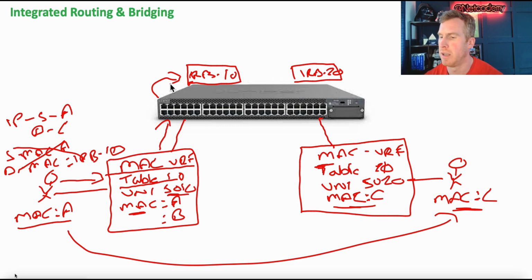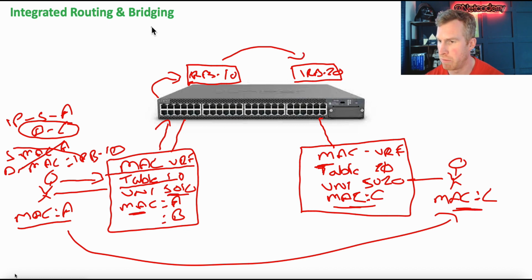And at this point, the IRB10 is going to do a lookup in its routing table of, okay, the destination IP address of MAC C is 192.168.10.2, just for example, whatever it is, doesn't matter. And it will then know that you need to go to IRB.20. So what it will actually do at this point is it will then add on its own layer 2 information.